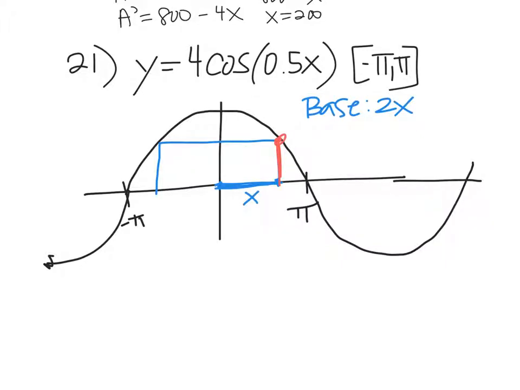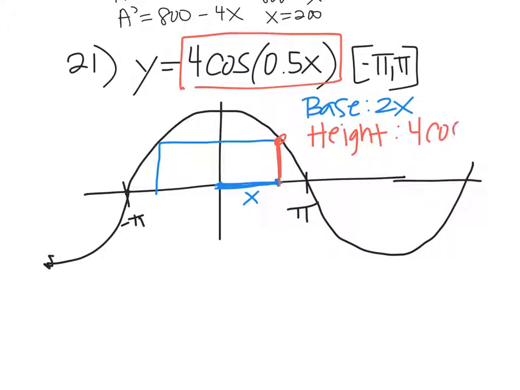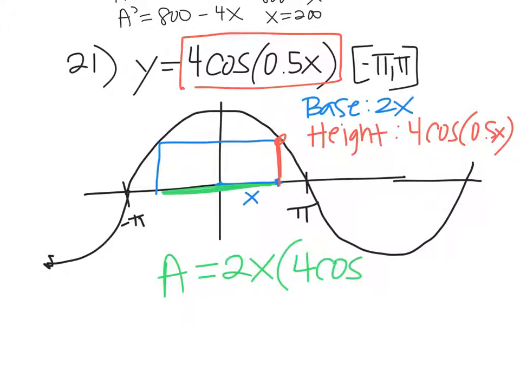Well, guess what the y value is? It's that. So the height would then be 4 cosine of 0.5x. And so then the area of the entire thing is going to be the base, which is 2x, times the height, which is 4 cosine of 0.5x.